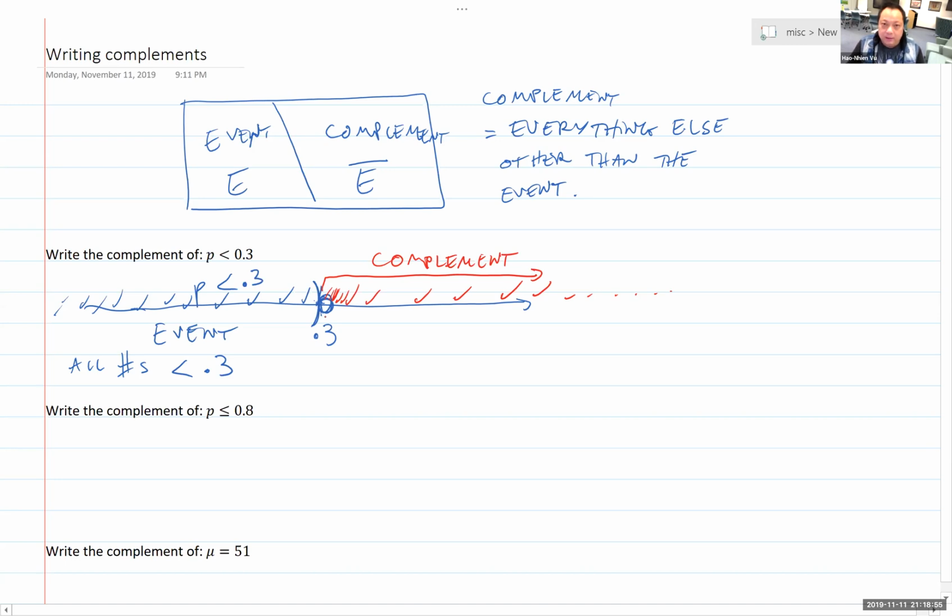Everything other than the event. The event is 0.3 below. So the event doesn't have 0.3. That's why I have an open blue circle there, because the event itself doesn't have the number 0.3. That means the complement has to have it.